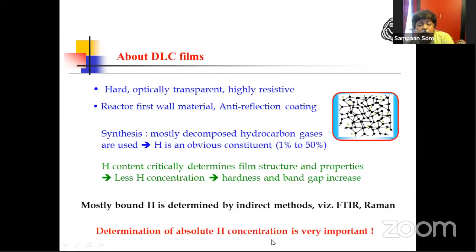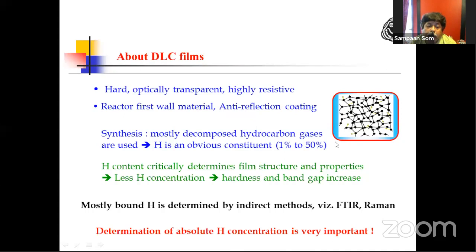Those films containing 50 atom percent hydrogen are very floppy in nature. A lesser amount of hydrogen makes these films rather hard, and they can become tetrahedral amorphous carbon film-like, with diamond-like properties as well. Very high quality films.